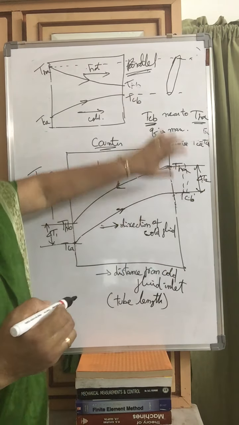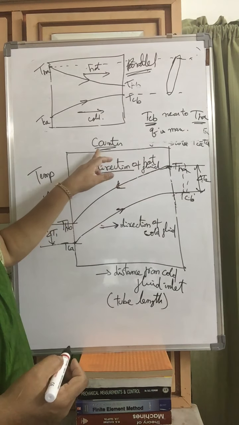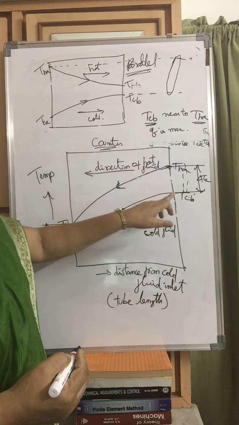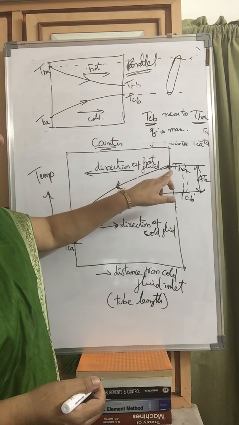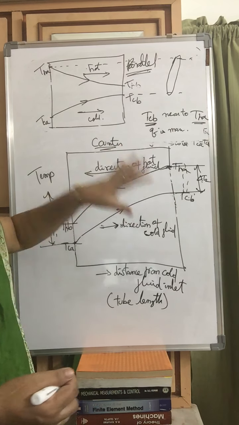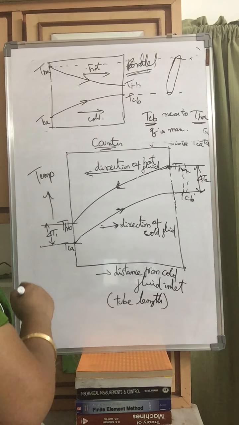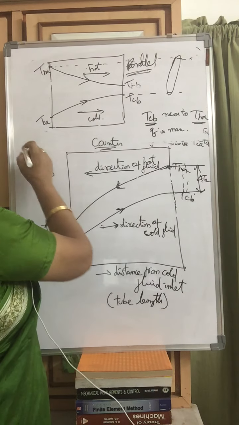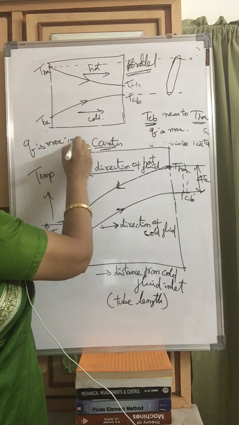Comparing these two, you can understand very easily that in case of counter flow, the outlet temperature of cold fluid is coming near to the inlet temperature of the hot fluid. So counter flow always gives you more heat. Higher value of Q is in counter flow.